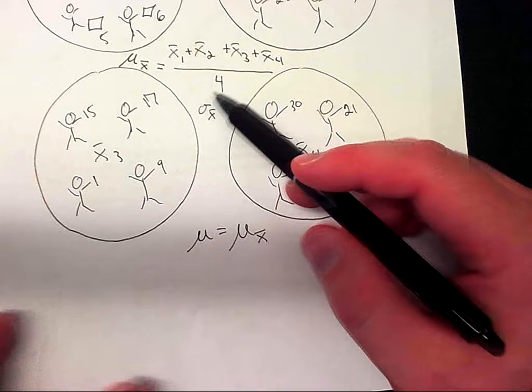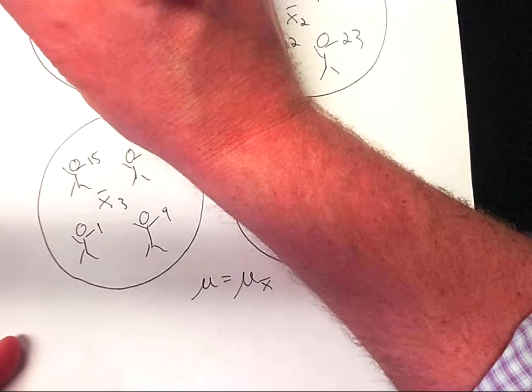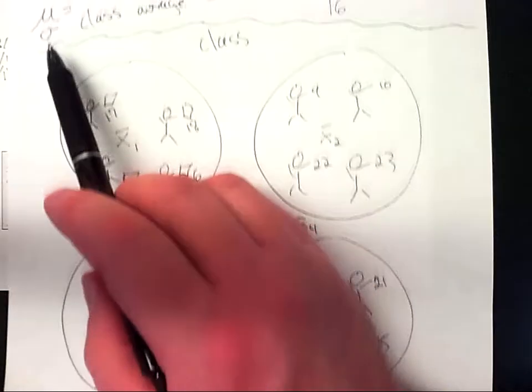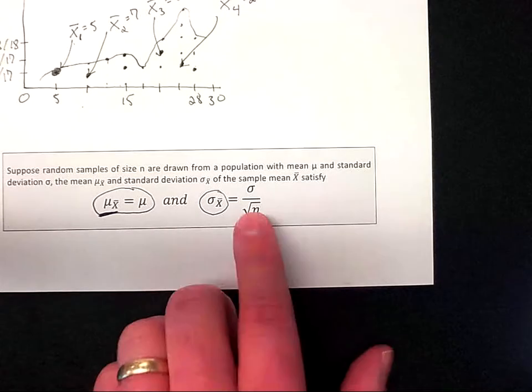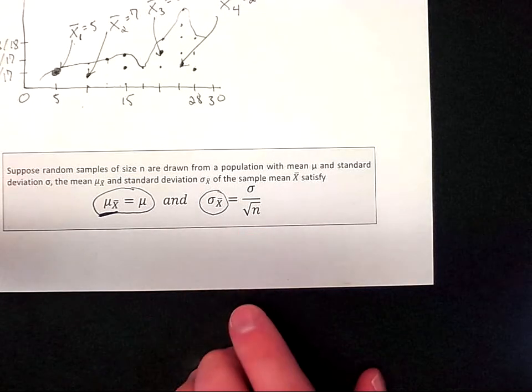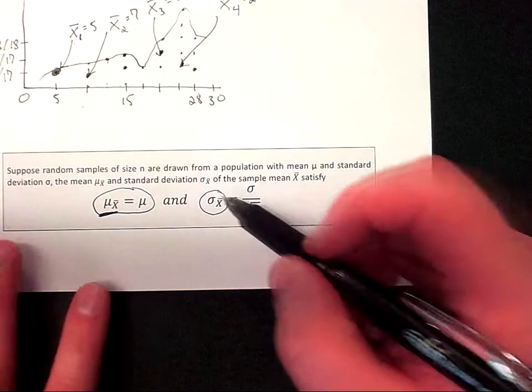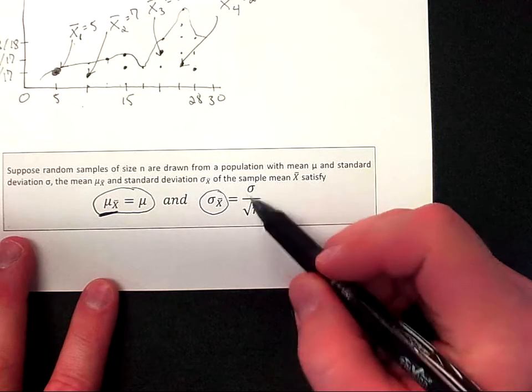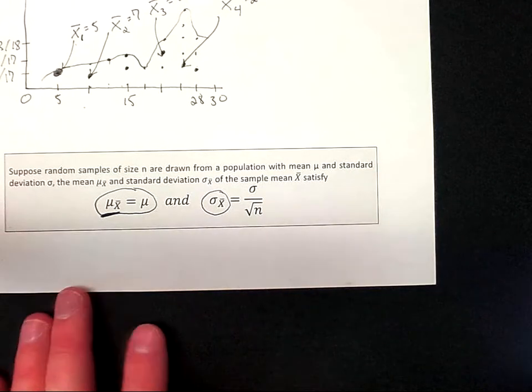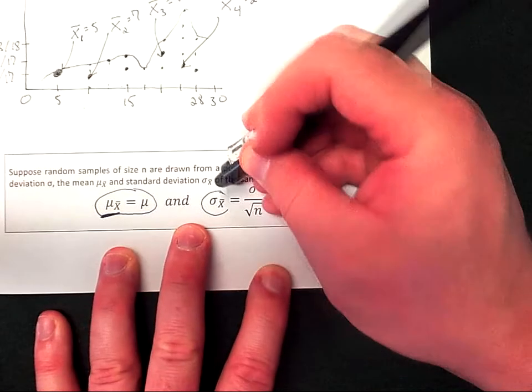Now, if we calculate this, that's not going to be equal to the population standard deviation, so the standard deviation of these 16 numbers. Instead, we're going to get this right here: the standard deviation of the sample means is equal to the population standard deviation divided by the square root of n.